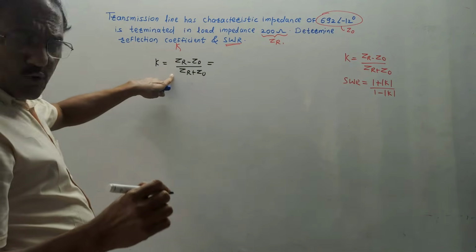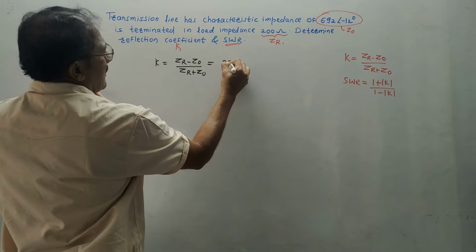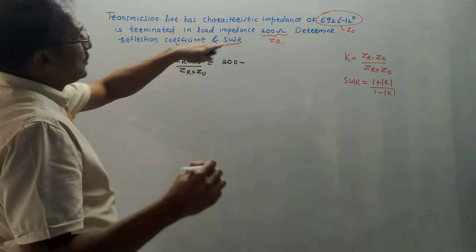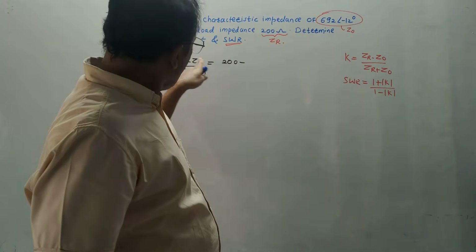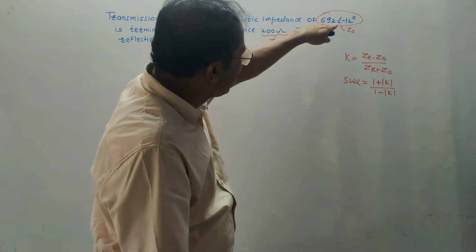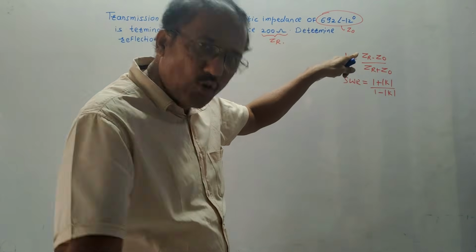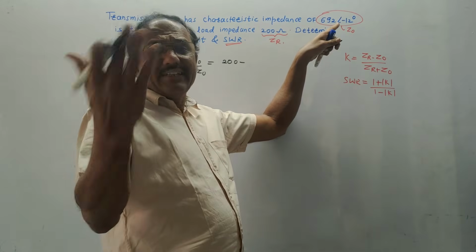Simply you have to put the values. So ZR is 200 minus Z0. This value is given in polar form. If you are performing addition or subtraction, you need to convert this given value into rectangular form. Once again, I have already created a video on how to make this conversion.